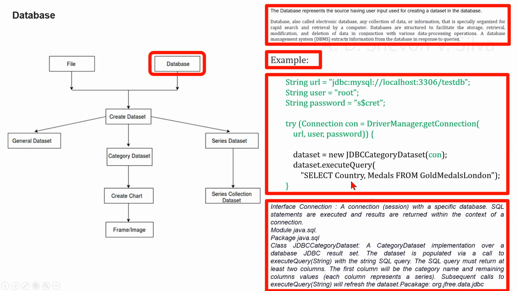Each column represents a series. A subsequent call to executeQuery(String) will refresh the dataset. And the class JDBCCategoryDataset is in package org.jfree.data.jdbc.